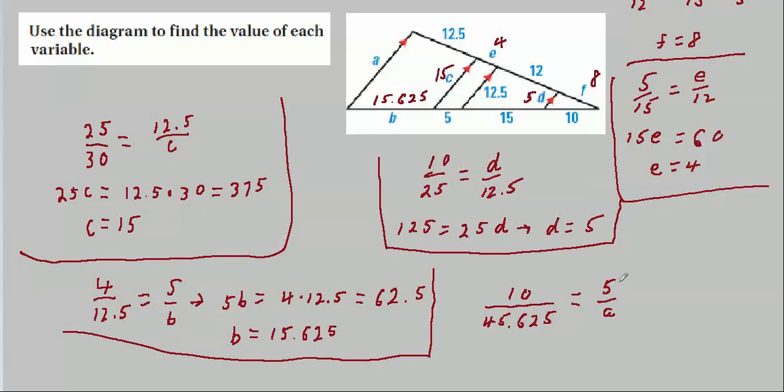Well, that means that 10A equals 5 times 45.625.